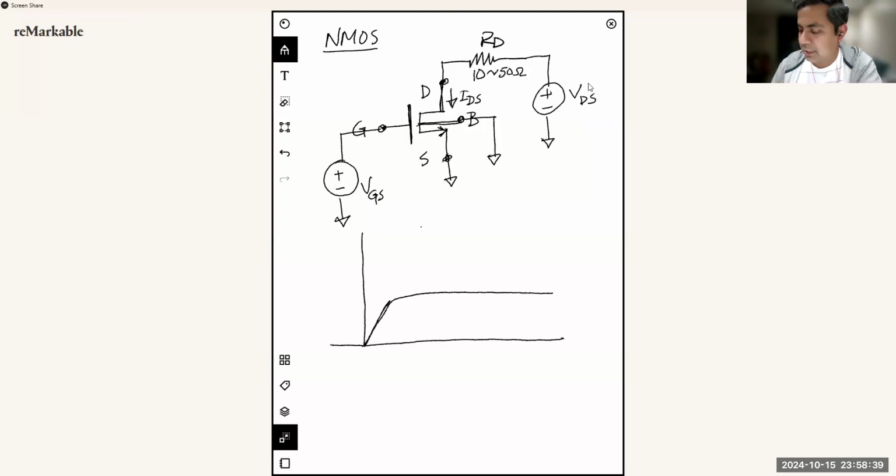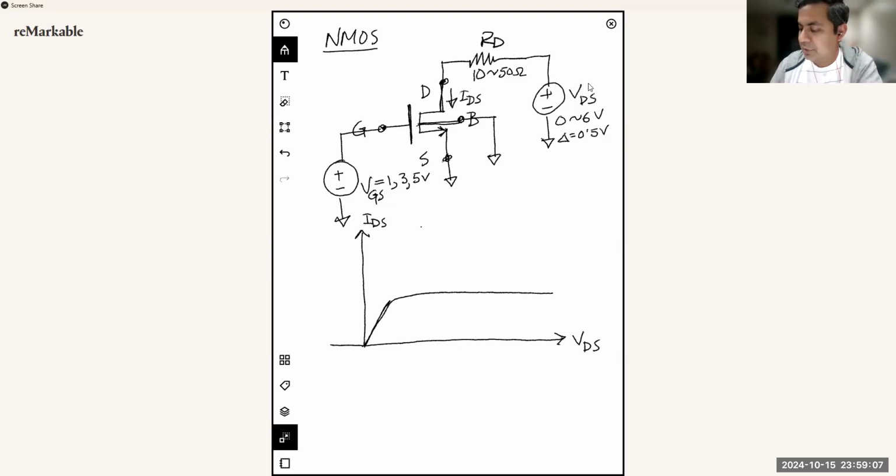We are going to use three different gate voltages, 1, 3, and 5 volts, and sweep the VDS from 0 to 6 volts with a delta of 0.5 volts. So we are plotting VDS on the x-axis and IDS on the y-axis.